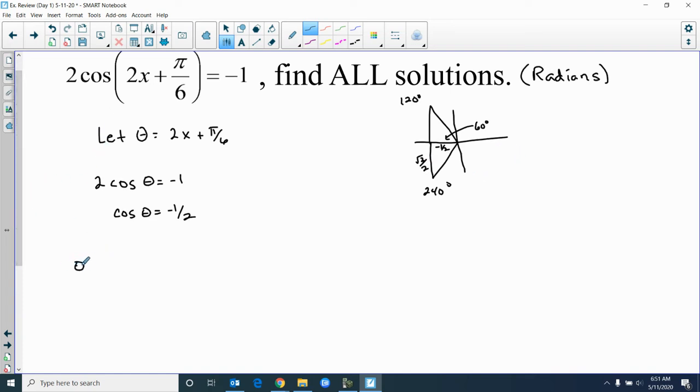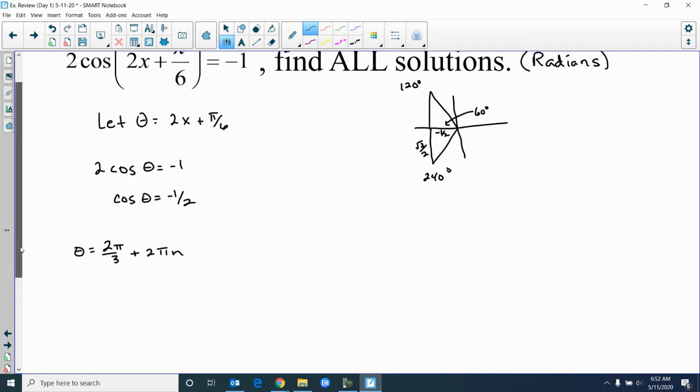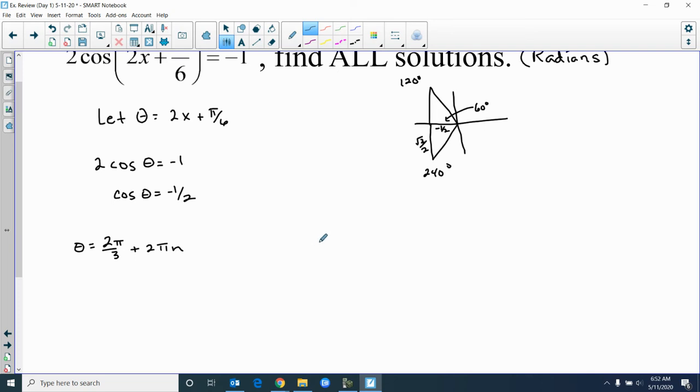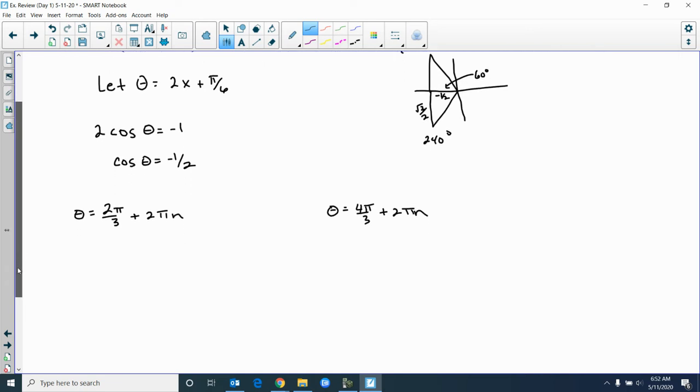So this is what we do. So theta equals 120 degrees, which is 2 pi over 3 plus 2 pi n. Now for cosine and sine, you get two separate sets of answers. And so theta equals the 240, which is 4 pi over 3 plus 2 pi n, because the period of sine and cosine is 2 pi.